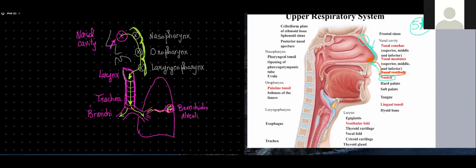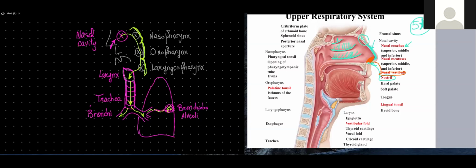Inside the nasal cavity, what we can see on here, we can see 3 bony elevations covered with mucous membranes. Those are going to be my nasal concha.